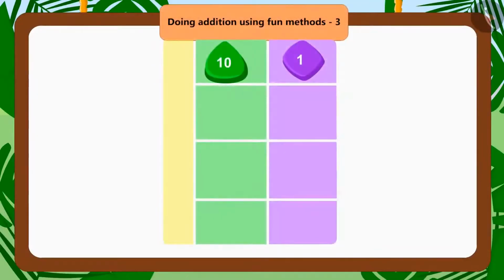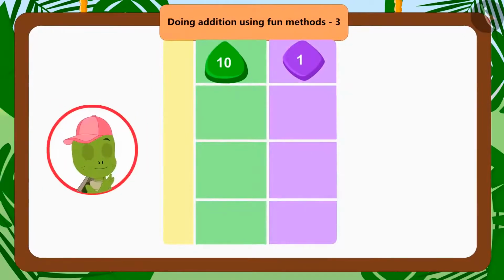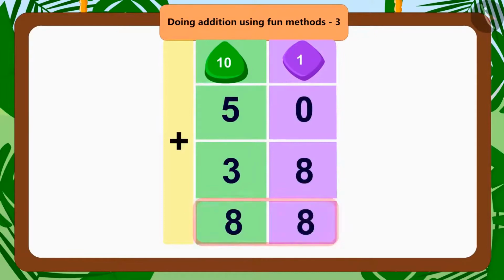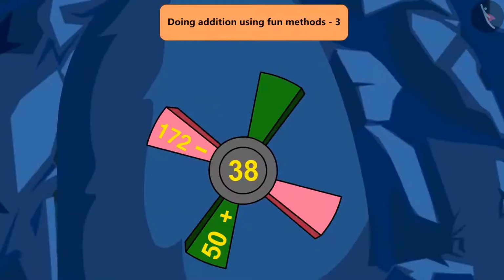Children, what do we have to do here? Let us first solve the addition question on the windmill. If we add 38 to 50, what will be the total? That's right, 88. Come, let's fill the blank space.